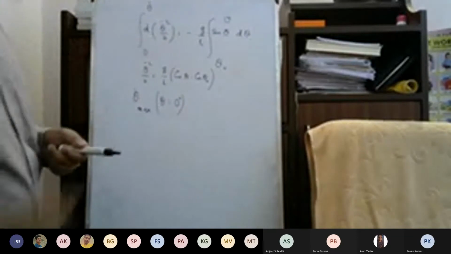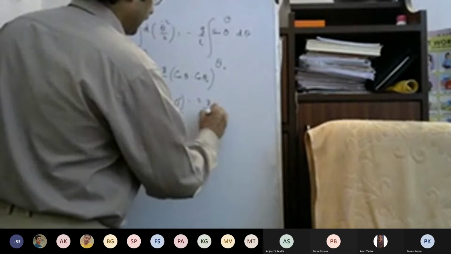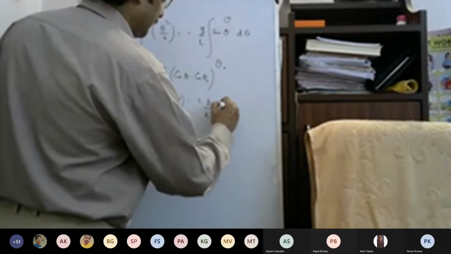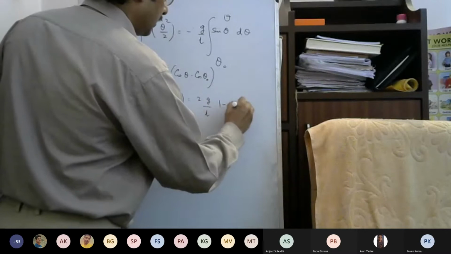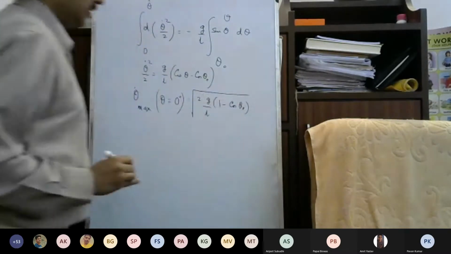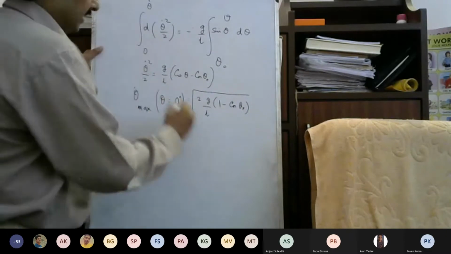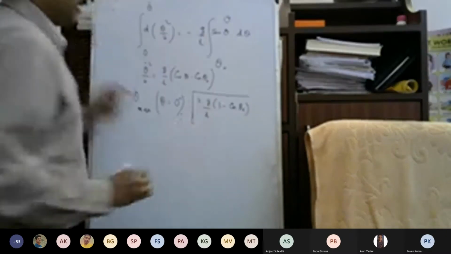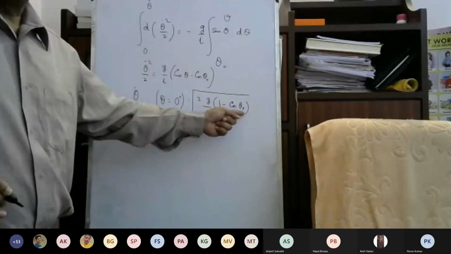And what will be this value? This value will be equal to g by L and cosine, so this will be 1 minus cosine. Now from this equation and this, you can find out this will be equal to 1 minus cosine theta naught equal to 2 sine squared theta naught by 2.